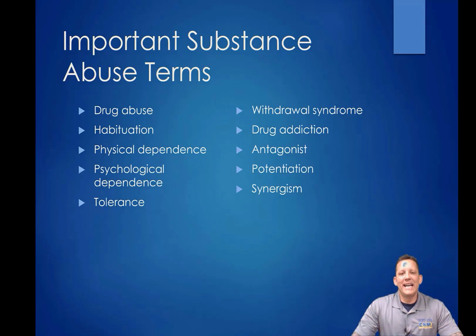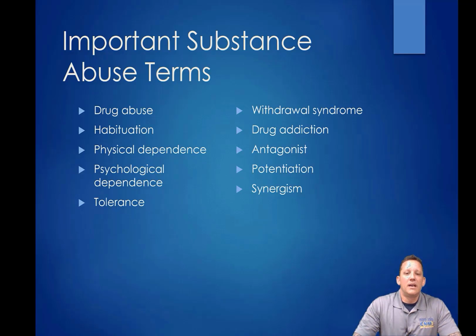When we use the word antagonist, that means it is counteractive to that particular drug. Naloxone or Narcan is an antagonist to opioids. The two will fight for the same receptor space, and the antagonist will block or blunt the effects of the particular drug that wants to share the same receptor site.